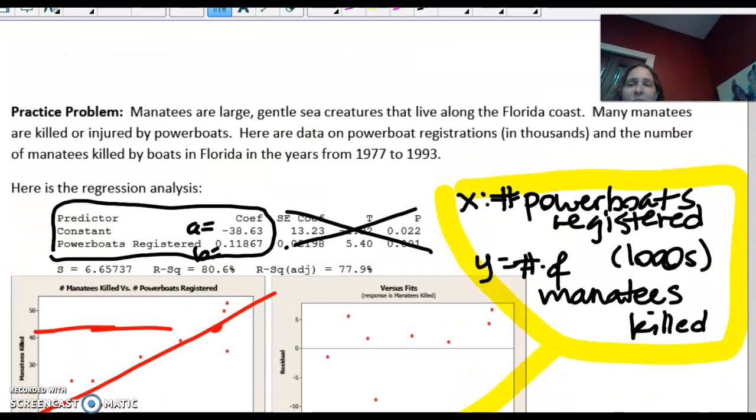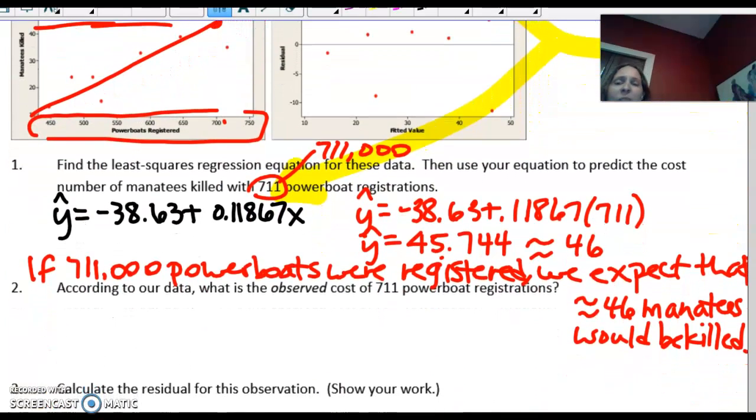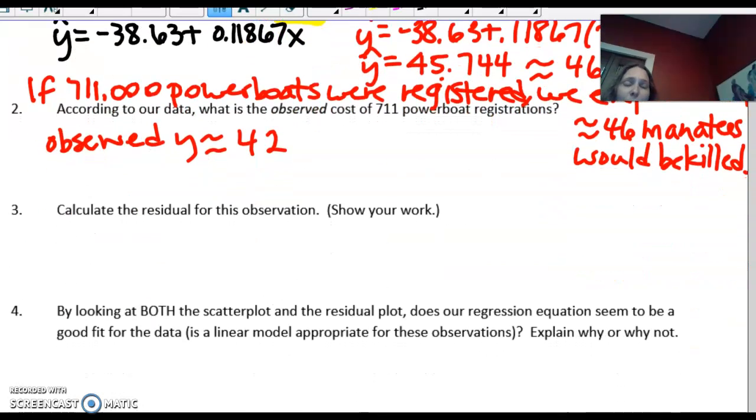We didn't get the raw data, so we don't know for sure. But we could say that our observed value of y is approximately 42. It's close enough to be able to make an answer.